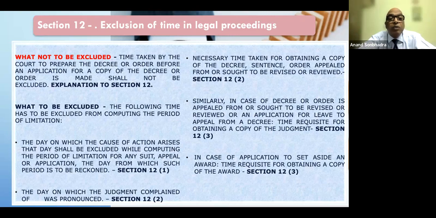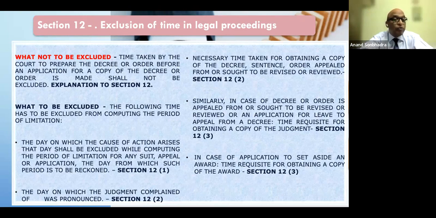Time taken by the court to prepare the decree or order before an application for a copy of the decree or order is made shall not be excluded. And we will see this specific thing in a case where the Honorable Supreme Court disposed of this appeal.